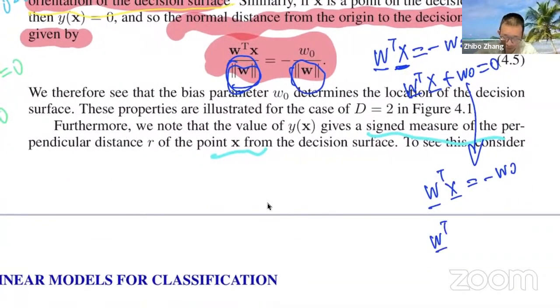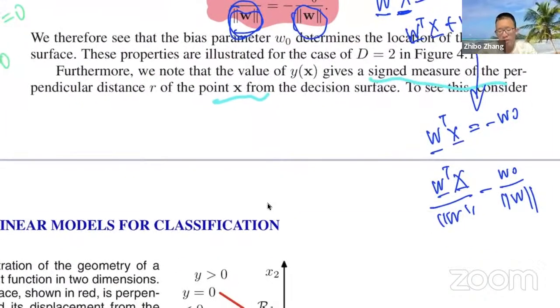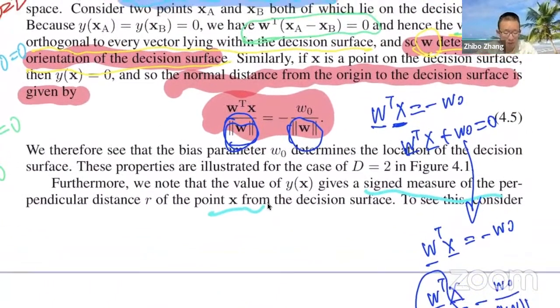So W transpose x minus W0, normalized by the norm of W. Basically this part is a unit vector with the direction of the weight vector.